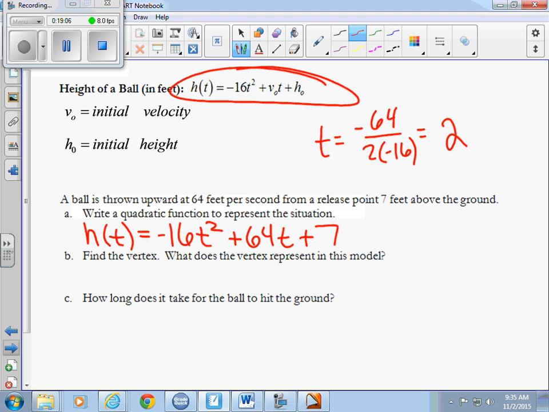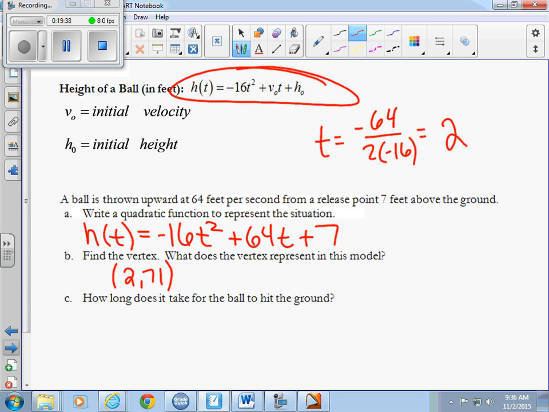What does this represent? It is the maximum, but what piece represents what? What's the 71? That's the highest the ball went. The ball went 71 feet at its highest. What's the 2? Time in seconds. How long it took to get to that maximum height, right?